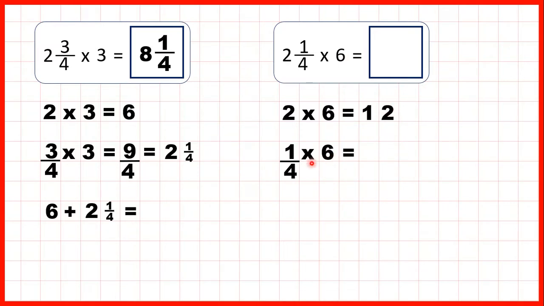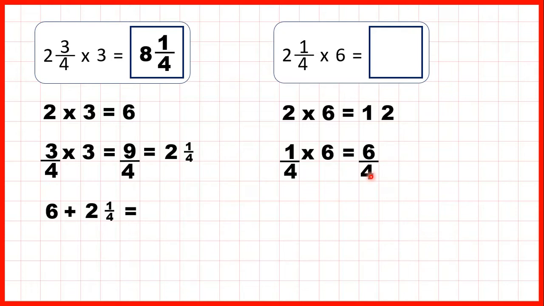Again, remember, when we're multiplying a fraction by a whole number, we only multiply the numerator and the denominator stays the same. So 1 times 6 is 6, the denominator stays at 4, but now we have 6/4.